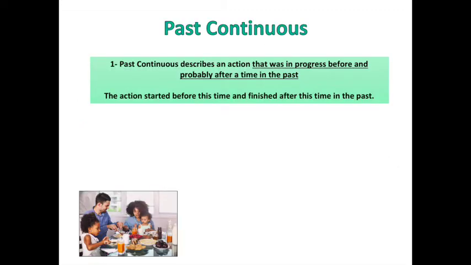Now let's talk about past continuous. There are many different situations when we use past continuous. Number 1, past continuous describes an action that was in progress before and probably after a time in the past.